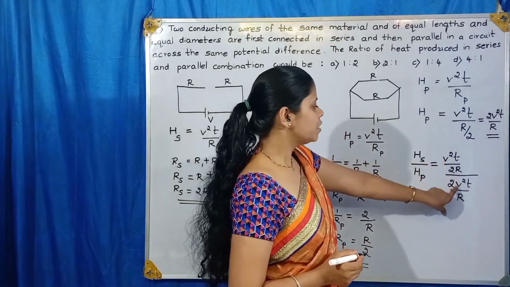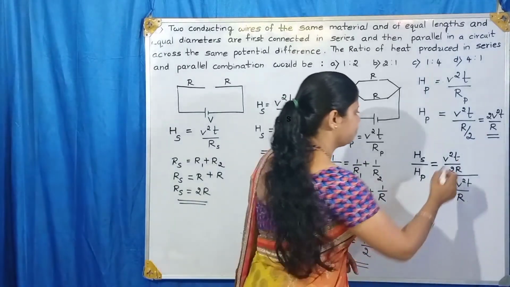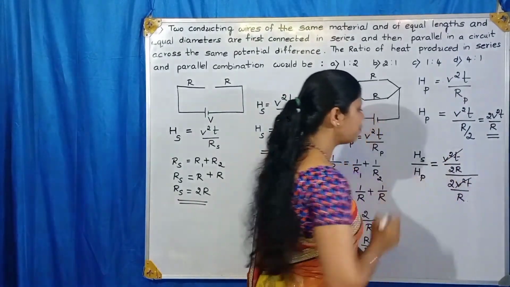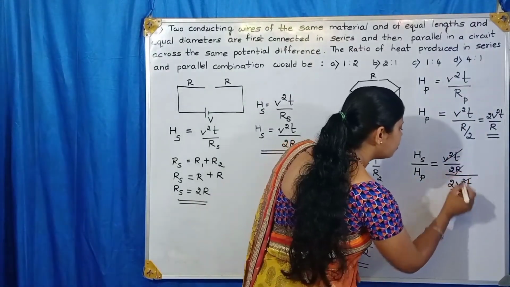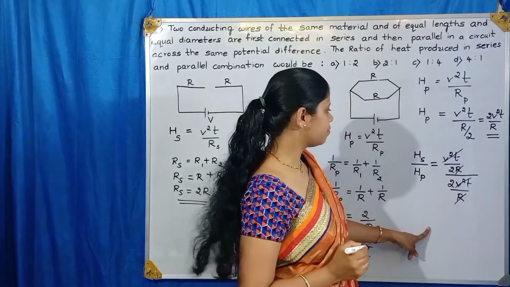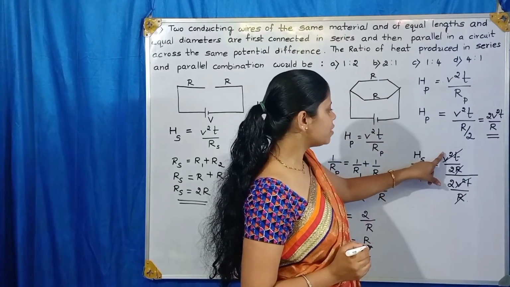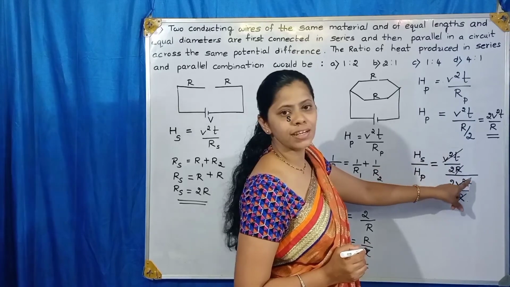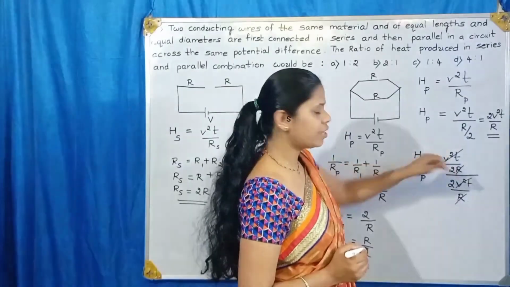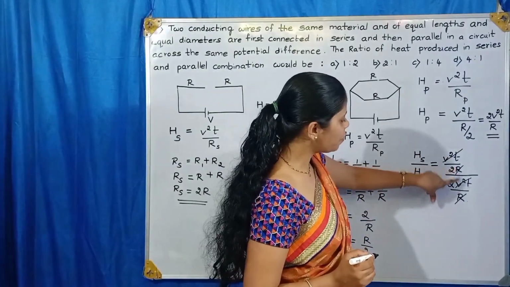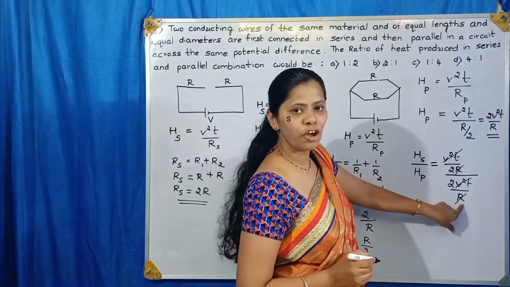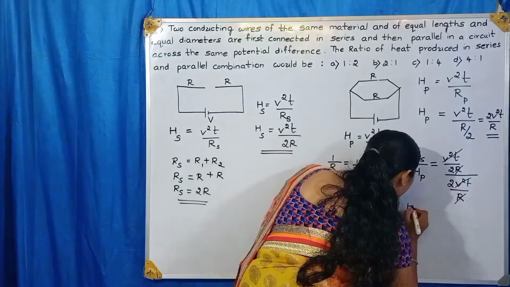V square T cancels. Okay. R and R cancels. See here, V square T is in the numerator, V square T is in the numerator, both cancel. R is in the denominator and R is in the denominator, both cancel.